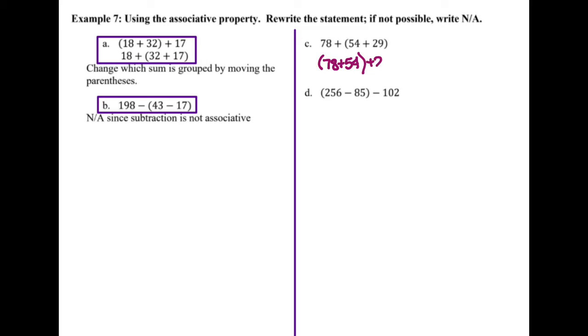And then the 29 is left out. Okay, and this one, it's subtract, so you automatically can write NA. You don't need the slash in the middle, by the way. You can just put NA. I'm not certain what Lumens would say, though, so you might need the slash on Lumens, but for your homework, I don't care one way or the other.